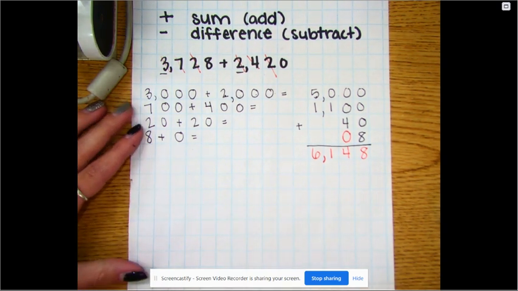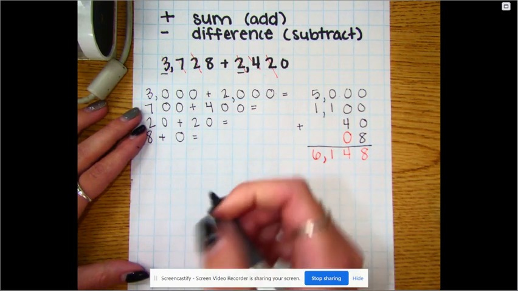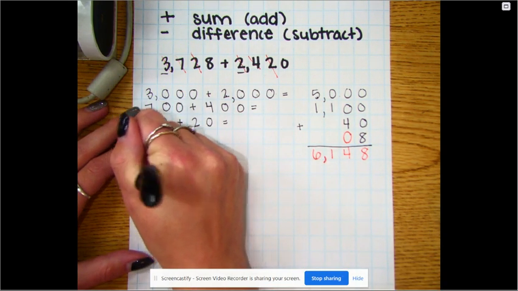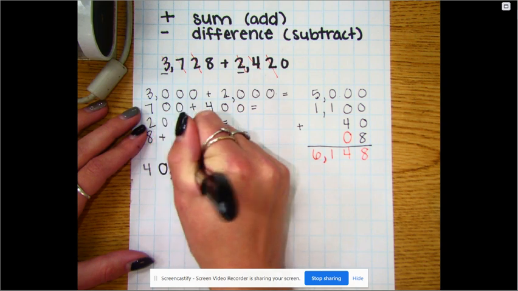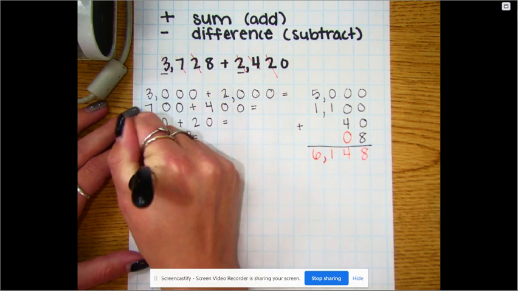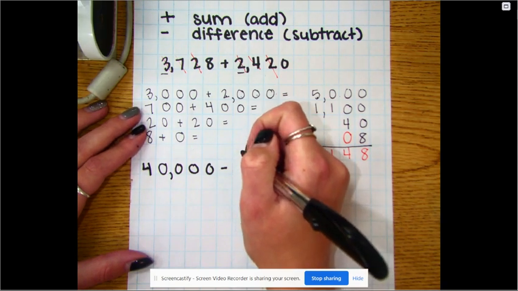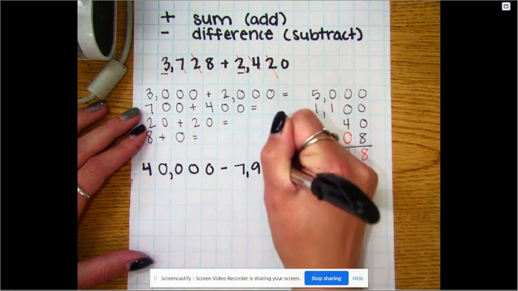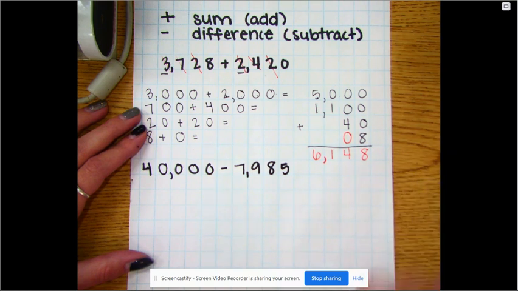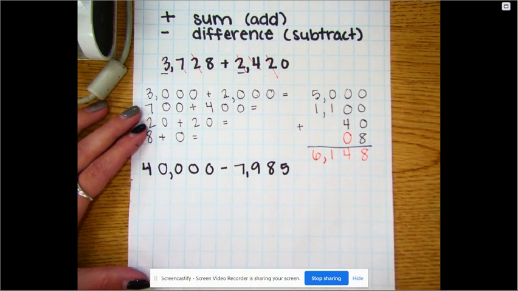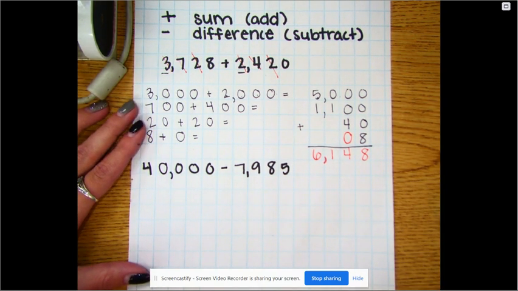So let's write that down. 40,000 subtract 7,985. Okay, that is a very large number, and zeros can be difficult to subtract. So let's go ahead and find a way to use compensation.